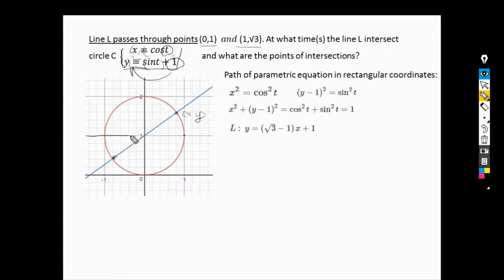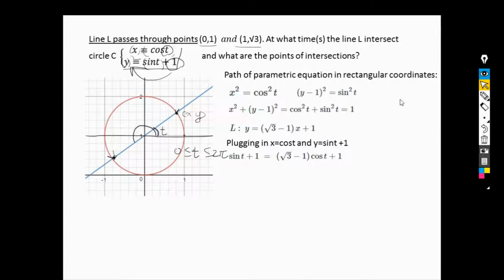So t is this angle, and when t becomes this angle, they intersect. And when t becomes this angle, they intersect. So in the range of 0 to 2 pi, we need to find these 2 points and the two t values.